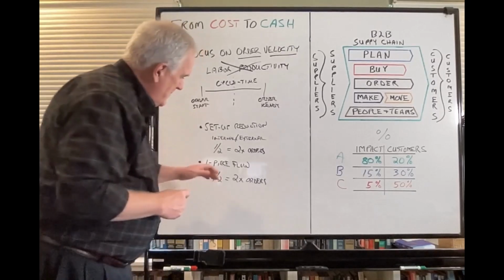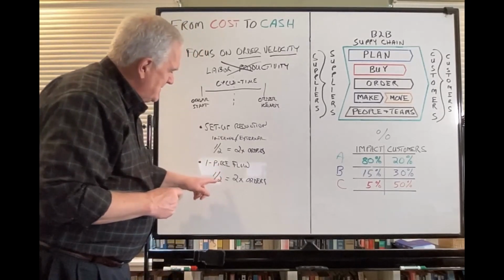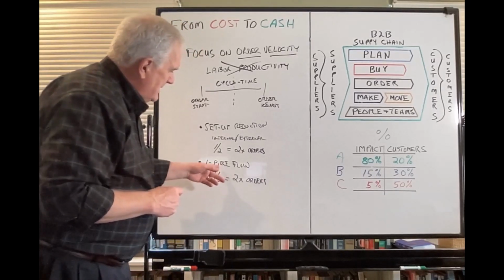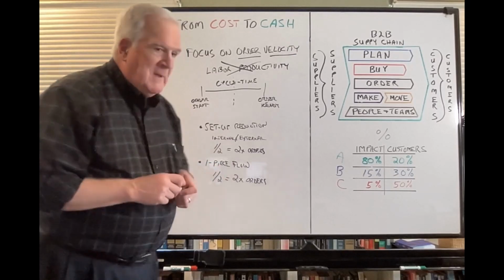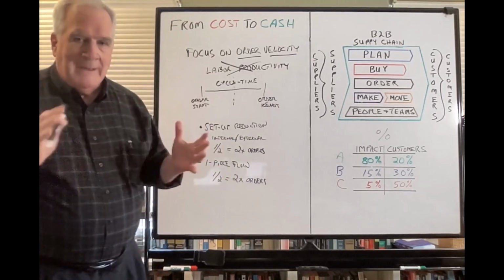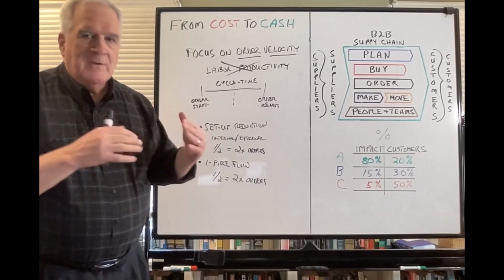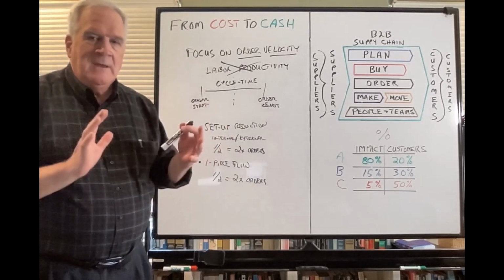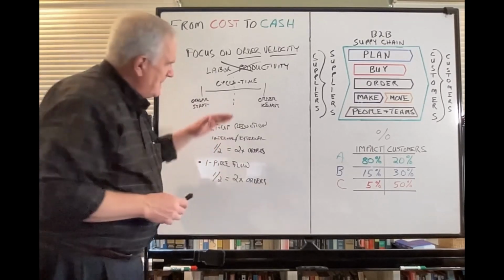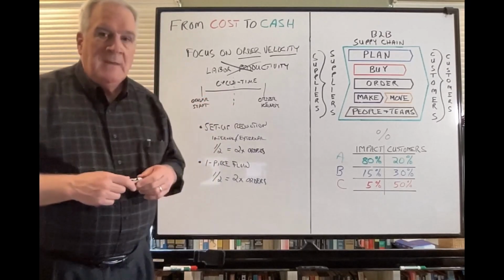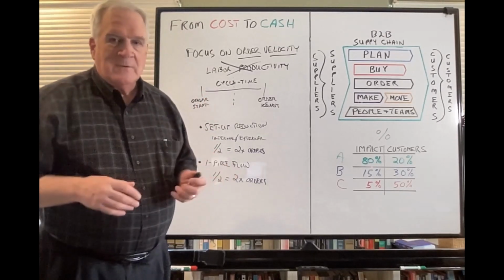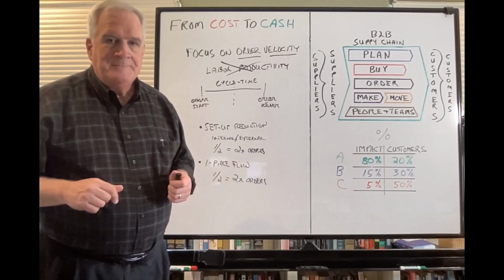It's not an exact one-to-one relationship, but if you can cut this down to, let's say, a quarter or a fifth of the batch size, you'll get 3 or 4 times as many orders done in that same cycle time that you did before, and be able to generate 4 orders worth of cash in the same amount of time.